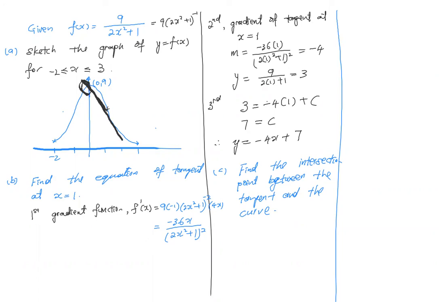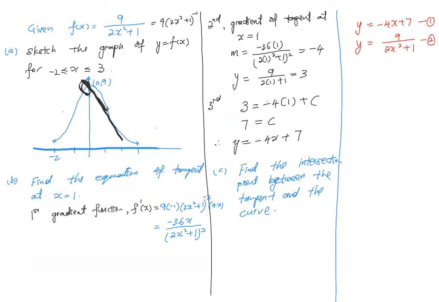So when you talk about this intersection point, then you have to solve the simultaneous equations. So you have to solve these two equations. y equal to negative 4x plus 7, this is equation 1. Another one is y equal to 9 over (2x squared plus 1), equation 2.